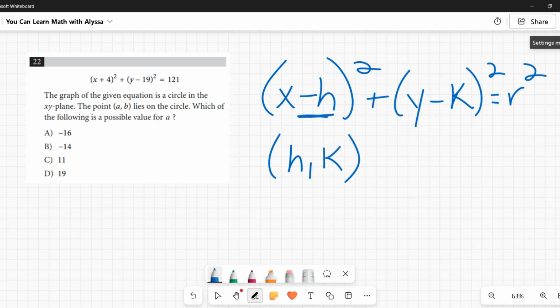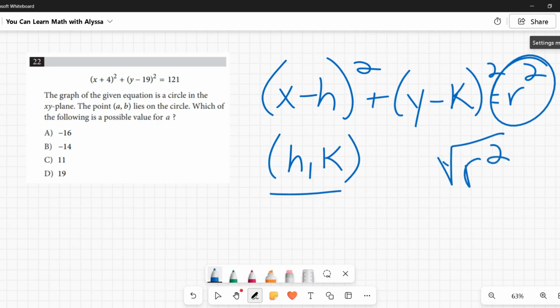Notice this is the opposite, so this is minus h, and we just want h. So the way of thinking of that is the opposite of whatever's there, and the opposite of whatever's here. That's going to be your center. And then this number that's by itself is the radius squared, so take the square root of that and you will have your radius.